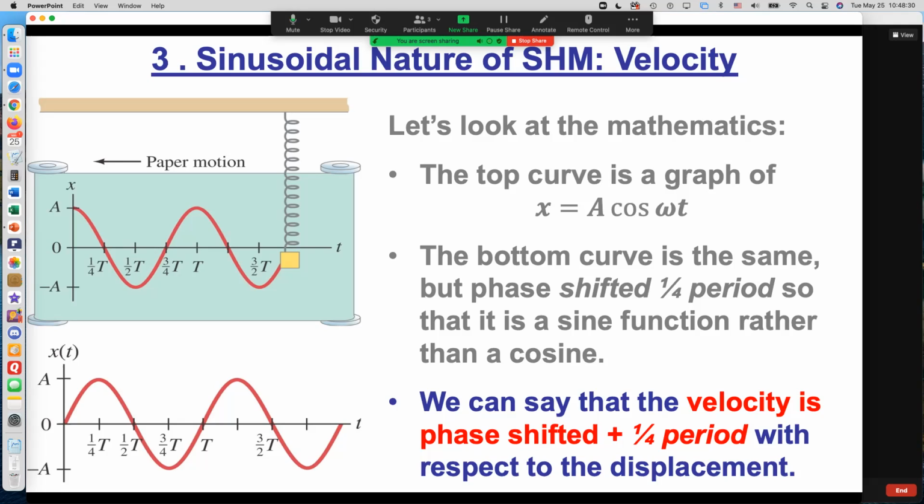So we can say the velocity is phase shifted plus 1/4 period with respect to the displacement. Makes sense because when the displacement is 0, the velocity is a maximum. When the displacement is maximum, the velocity is 0.